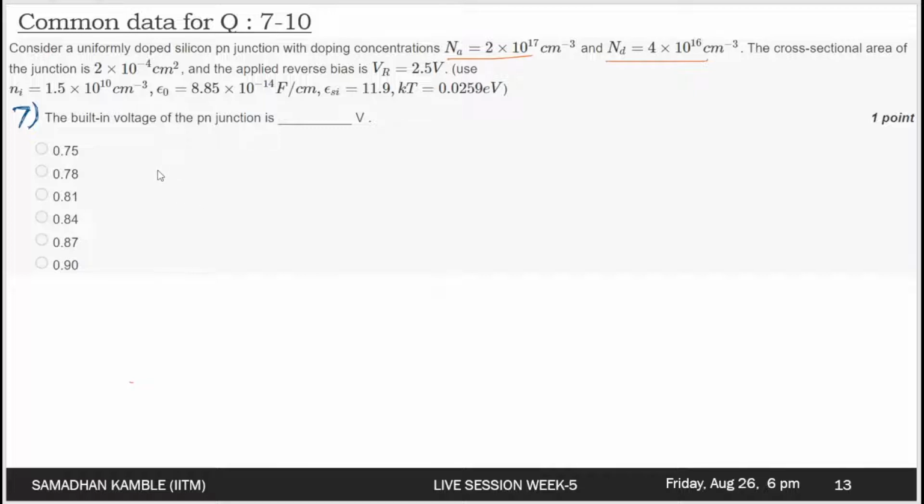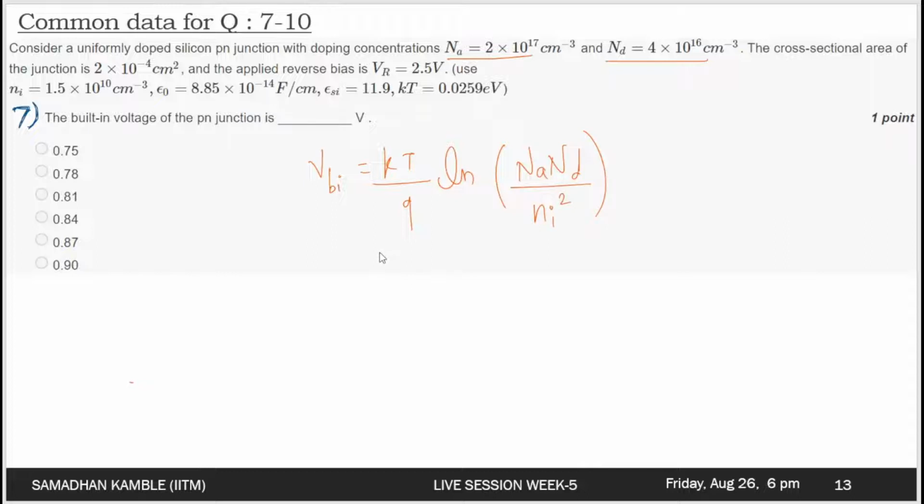So for question number 7, the built-in voltage of the PN junction is asked. We know a simple formula for built-in potential. So V built-in is nothing but KT by Q ln of Na times Nd over Ni squared.